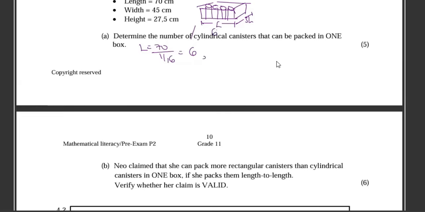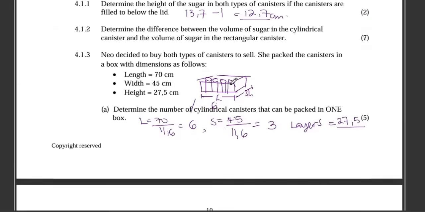Then what about on the short side? Widthwise, which becomes 45 divided by the diameter, which becomes 3. Then the layers are going to be the height of the box, 27,5, divided by the height of only one can that we've seen up there.